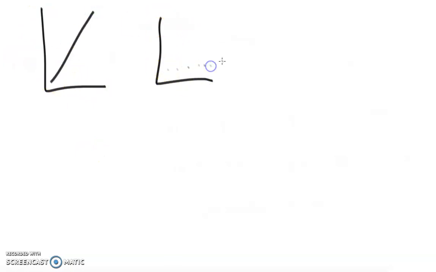Okay, so what we're going to do now is I'm going to draw a couple graphs, and we're going to identify discrete versus continuous. Pretend that's curved.